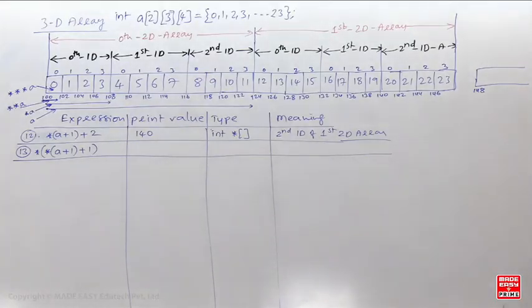Okay, 140. Aditya Rawat, wrong answer. 133 कैसे आया? 90% are giving the right answer, but 5-10 people are giving wrong answers. I don't understand why.